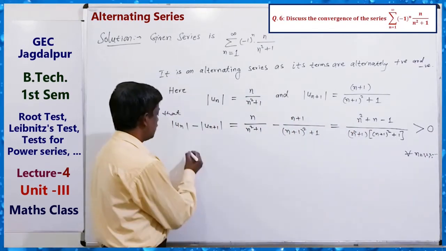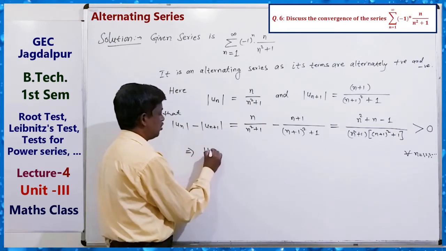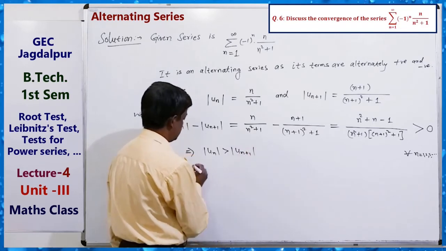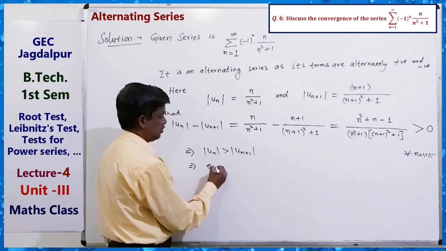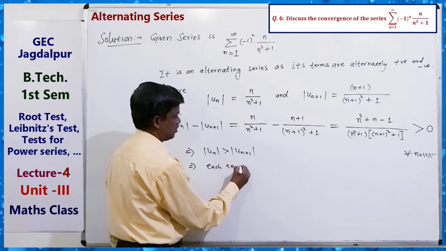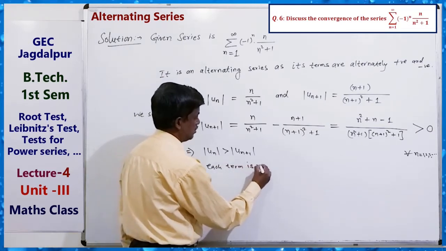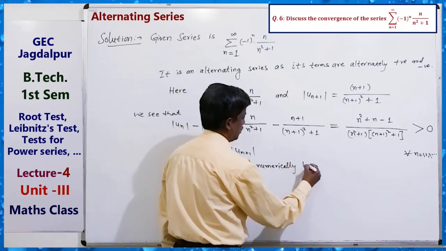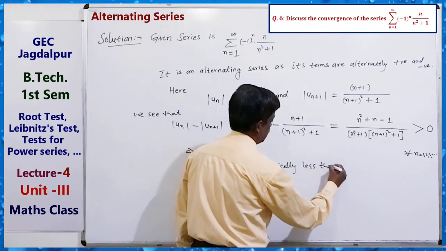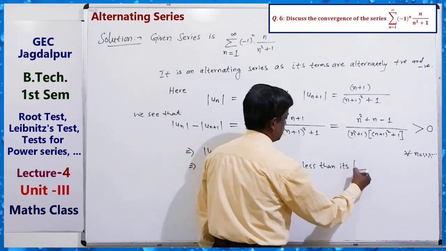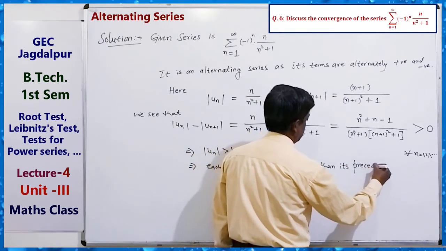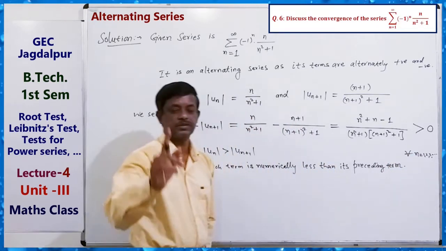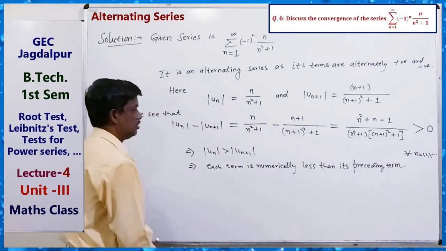This implies mod of un is greater than mod of un plus 1. This implies each term is numerically less than its preceding term. This is the first condition of Leibniz rule.